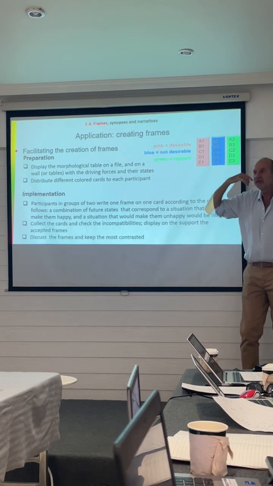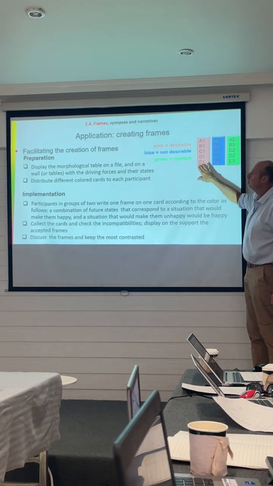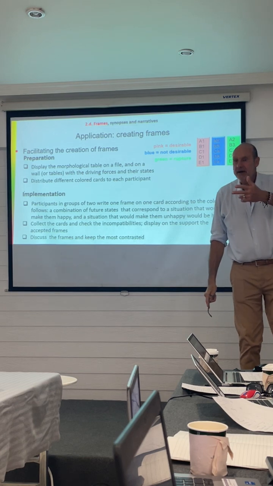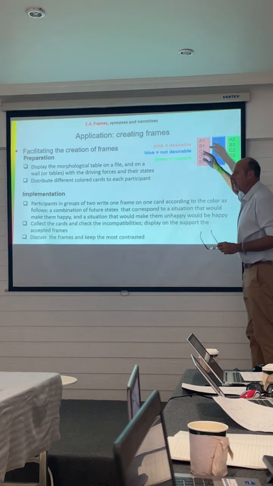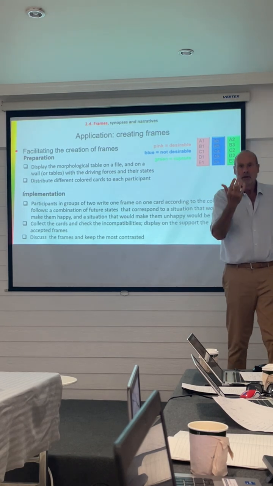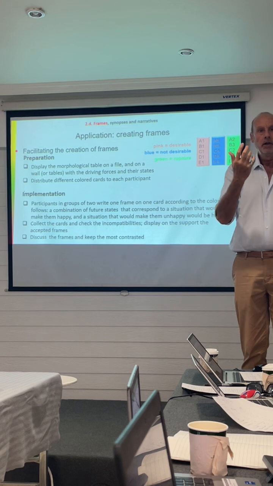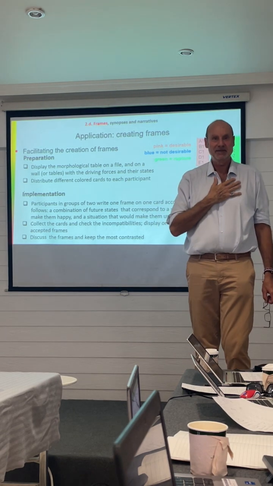The color of the cards means something. For example, but maybe we will change that, here the pink color is a desirable combination. It means that when you combine these states, it gives you a description of the future that makes you happy, if I can say that.